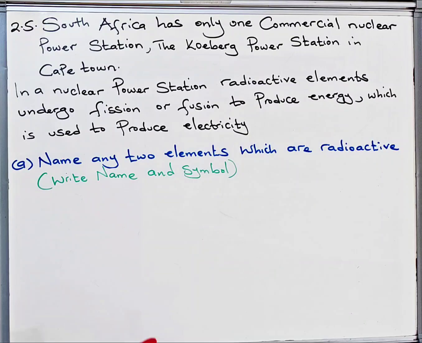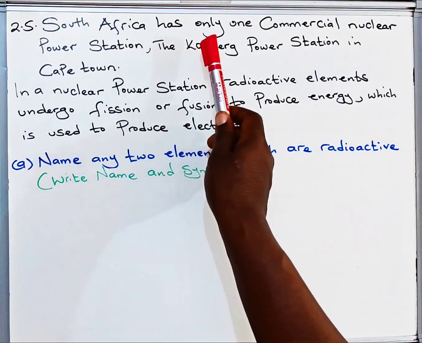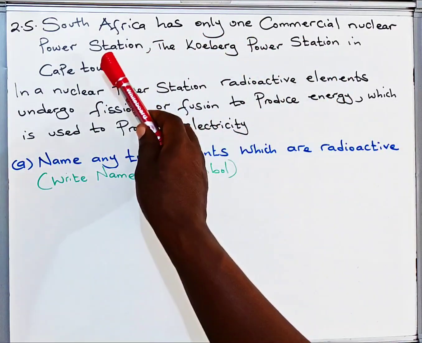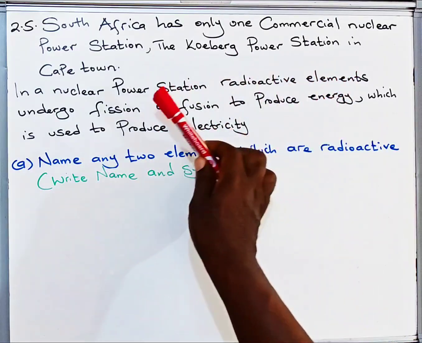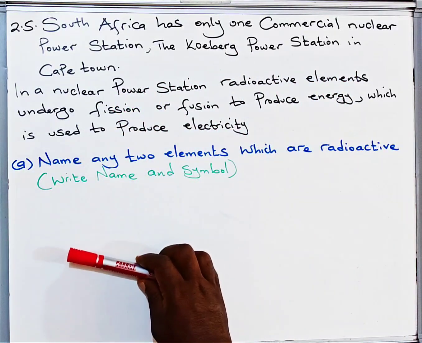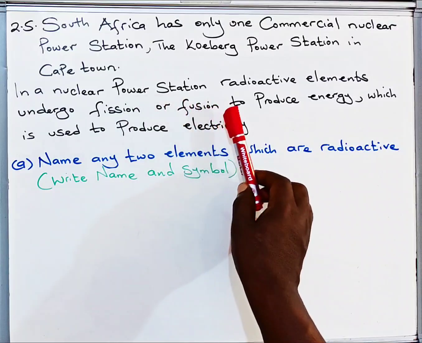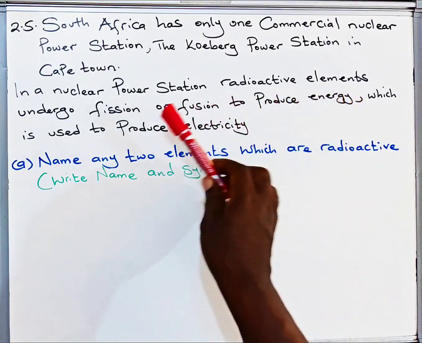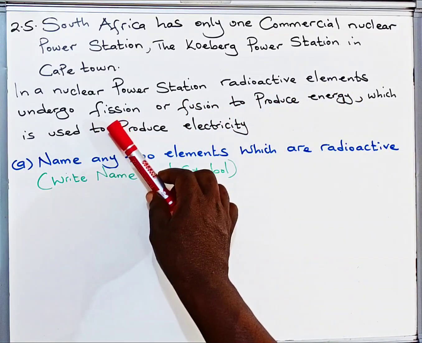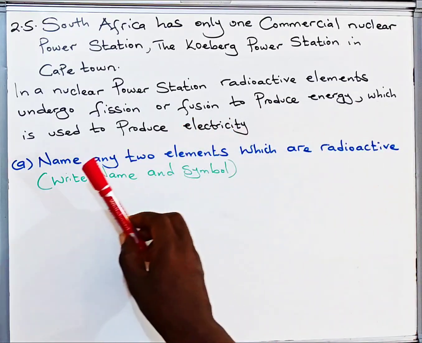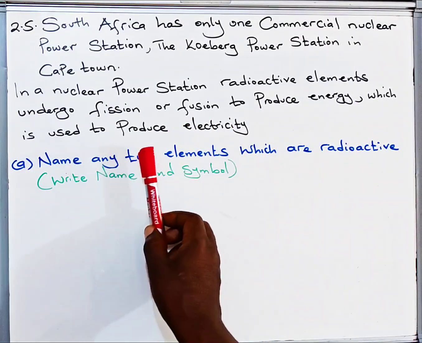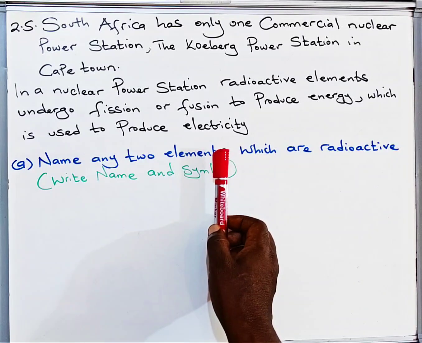And we are looking at this question today. It says that South Africa has only one commercial nuclear power station, the Koeberg Power Station in Cape Town. In a nuclear power station, radioactive elements undergo fission or fusion to produce energy which is used to produce electricity.